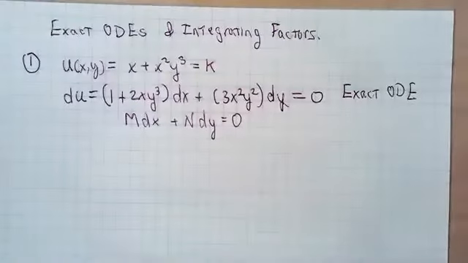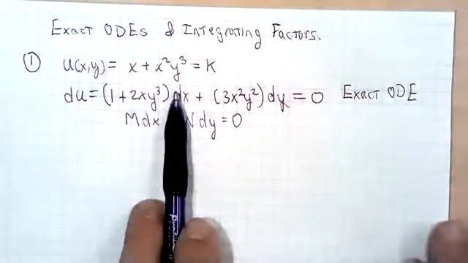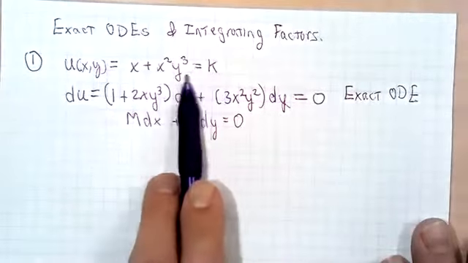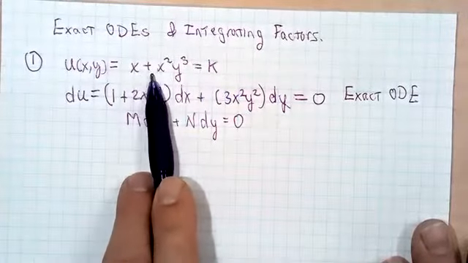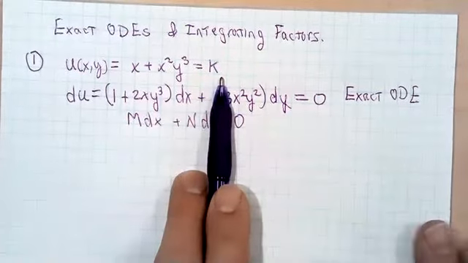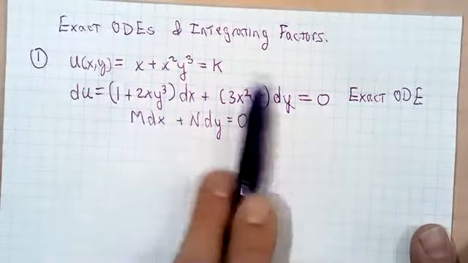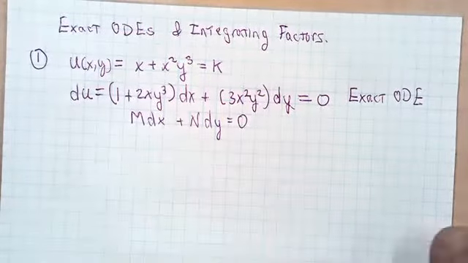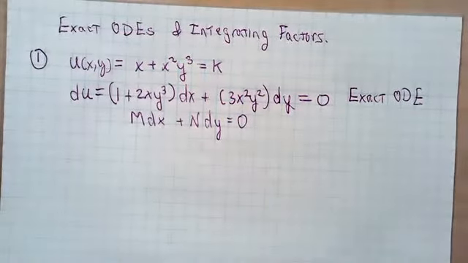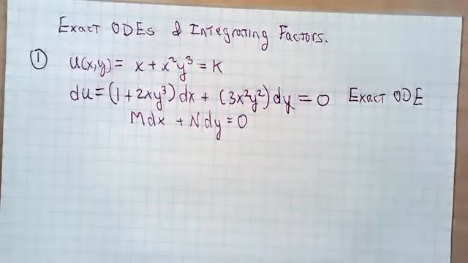If you can do that, then the solution of the ordinary differential equation is this right here: x plus x squared y cubed equals k, and that's an implicit solution. Of course, in this case, you can solve explicitly for y. Push the x to the other side, divide through by x squared, and take the cube root, and you're done. But that's what we mean by an exact differential equation.